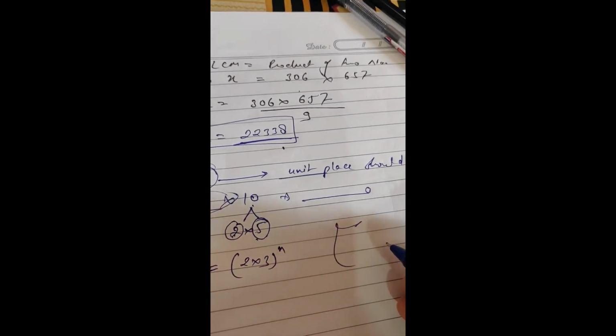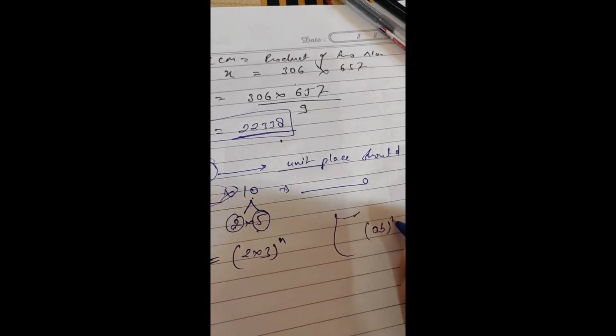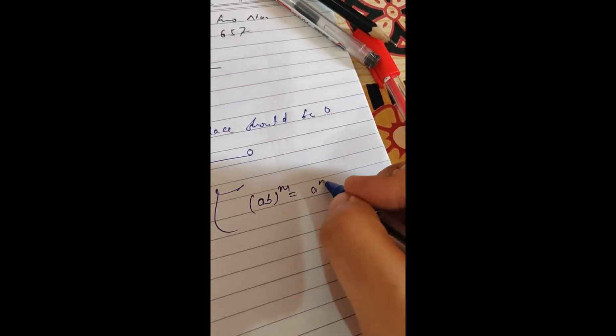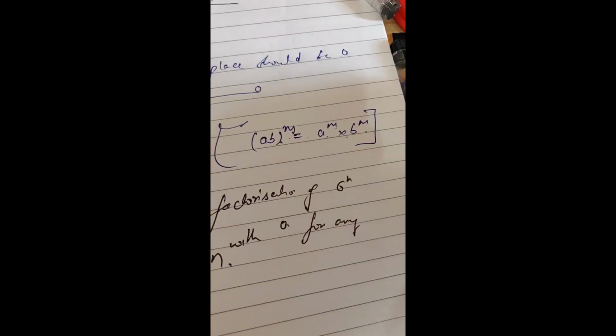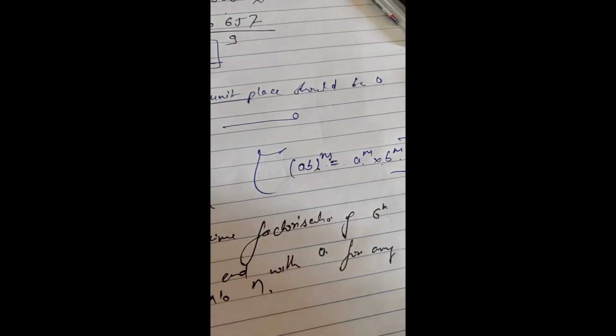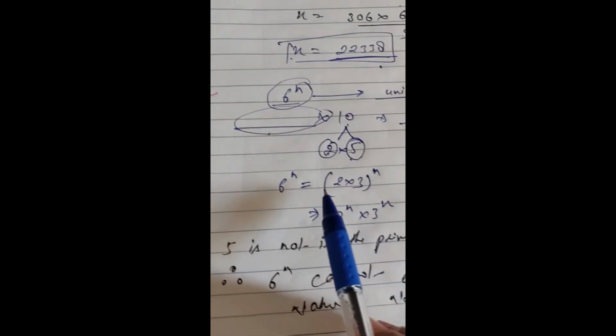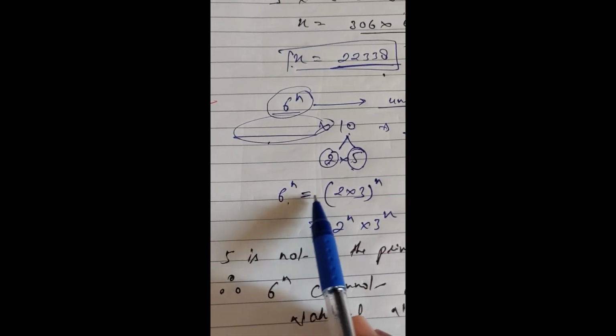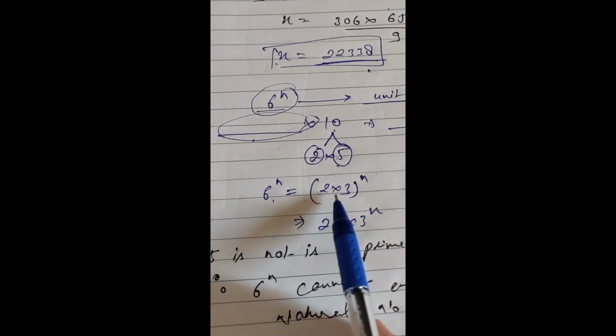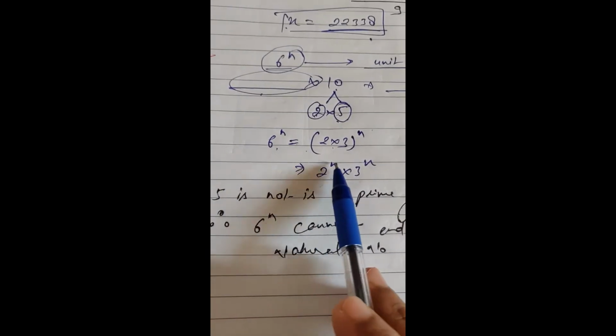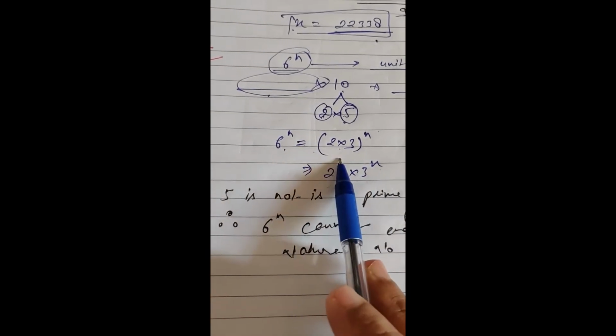Now we can recall that (ab)^m is expanded as a^m and b^m. That implies 6^n can be written as 2^n into 3^n.